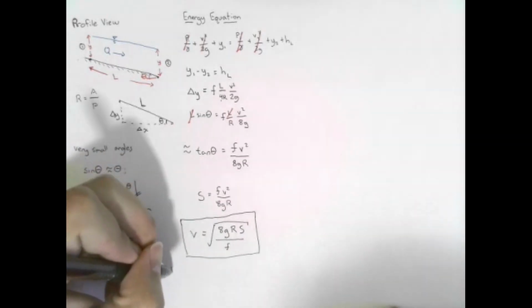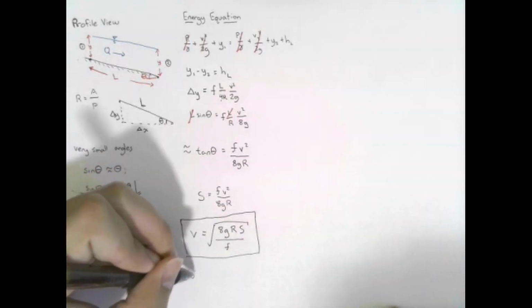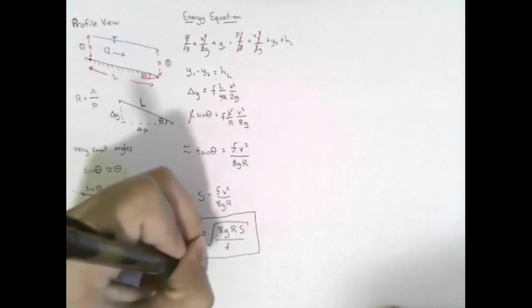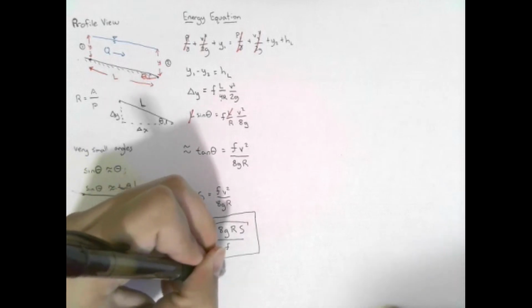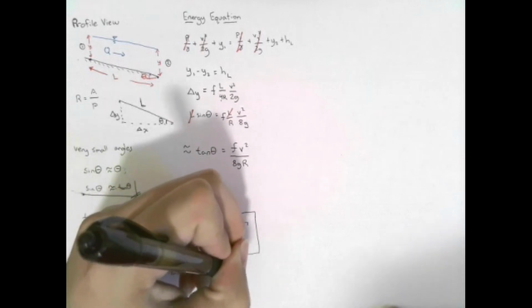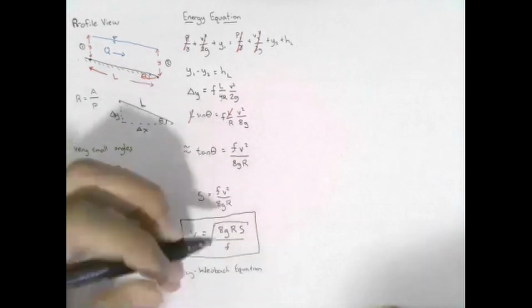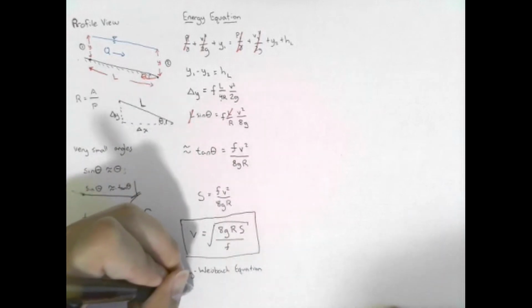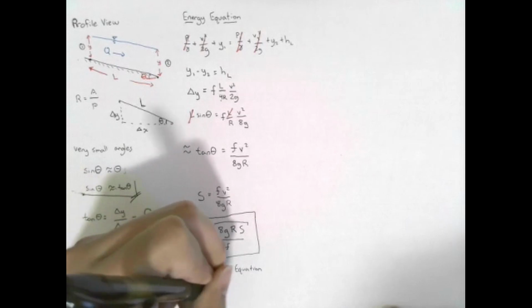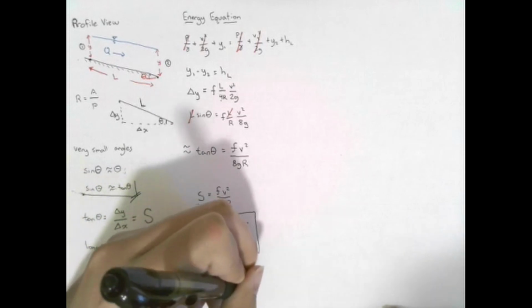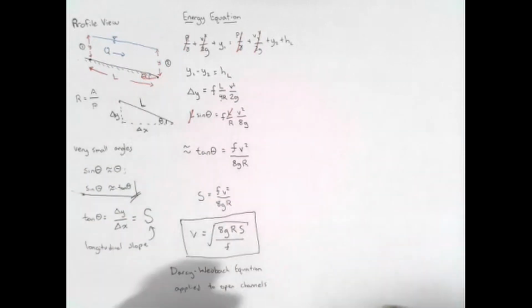You may hear that some people call this the Darcy-Weisbach equation for open channels or applied to open channel. So there you have one way of expressing the velocity of the open channel.